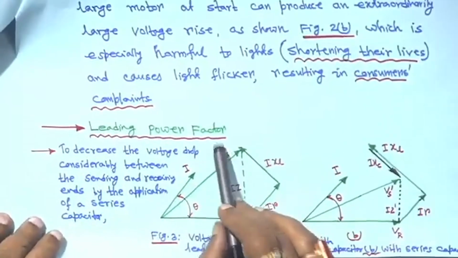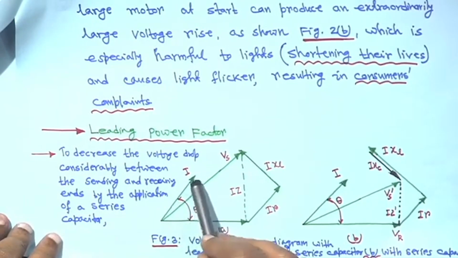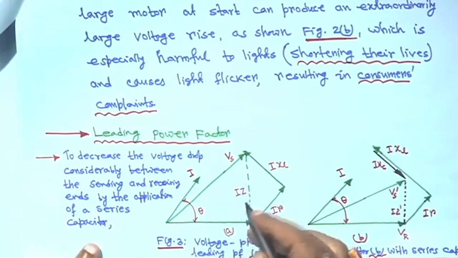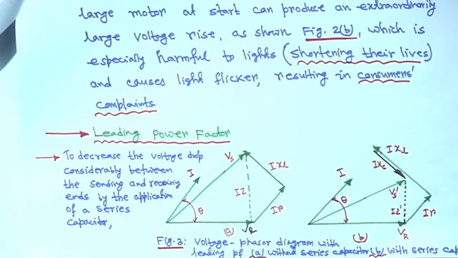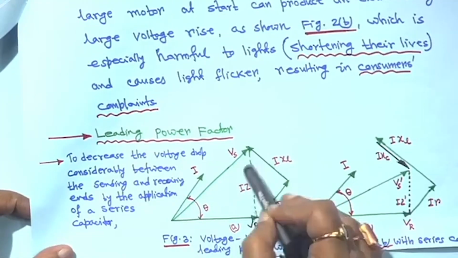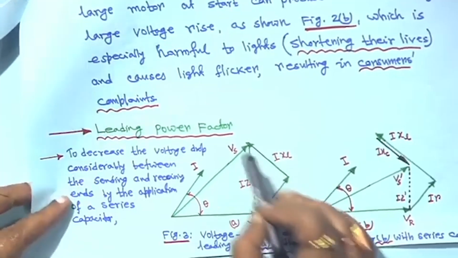Then the leading power factor case. When the power factor is leading, this is your current phasor and this is VR, I forgot to mention this, and this is your IR, because the current is leading. So, IR, IXL, and this is never 90 degrees, because of my drawing it shows like this, but it may be anything.